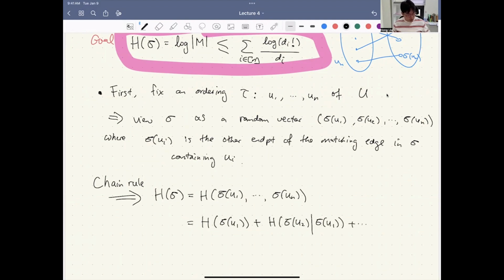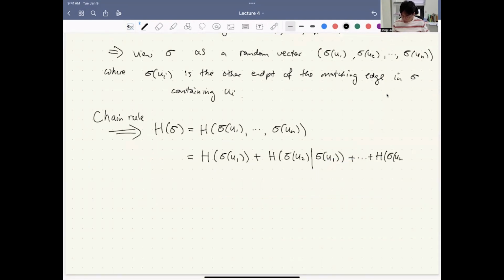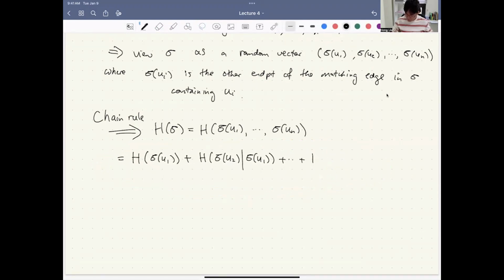All the way till the last one, which is H of sigma UN given all the previous ones, sigma U1 to sigma UN minus 1. Nothing but chain rule.